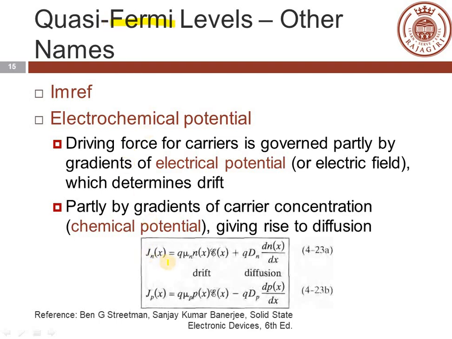For current density, we have both drift and diffusion terms for both electrons and holes. The driving force for carriers is governed partly by electrical potential, which is the drift part, and the other part is governed by gradients of carrier concentration. The gradients of carrier concentration are treated as chemical potential, and the drift part is carried as electrical potential. Combining those two, we call it electrochemical potential.